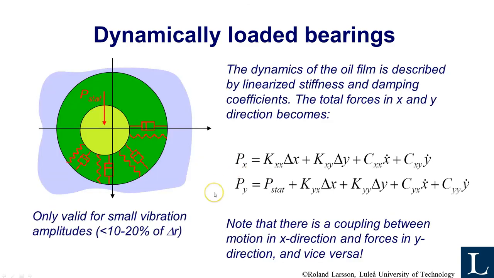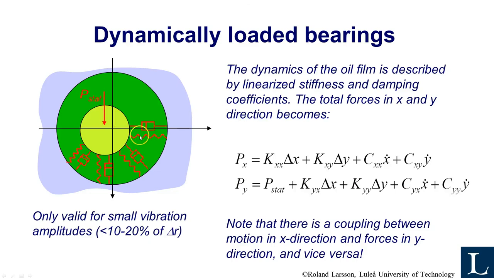Instead, normally what you do is use something called linear dynamic coefficients. If you assume that the journal doesn't move very much, maybe only 10 to 20% of the clearance, then you can linearize the dynamic behavior around the statically loaded point.